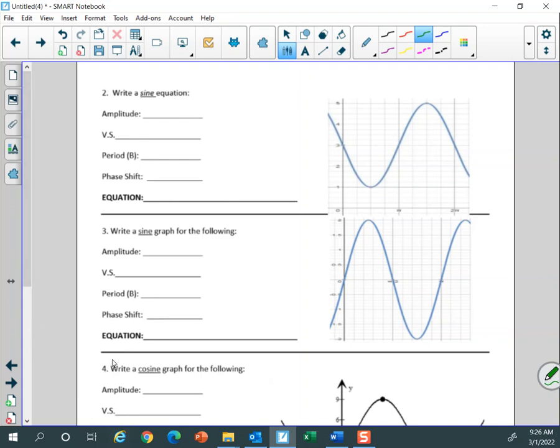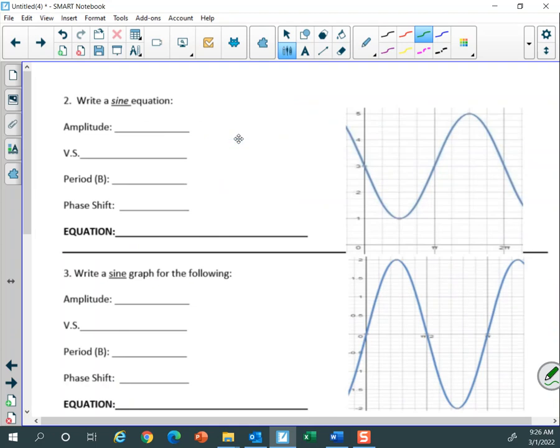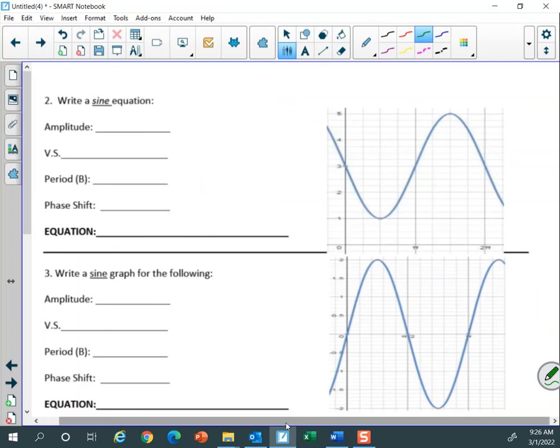Okay. So let's look at the next one. Once again, we are kind of trying to make this a little easier. So we're telling you something to focus on.